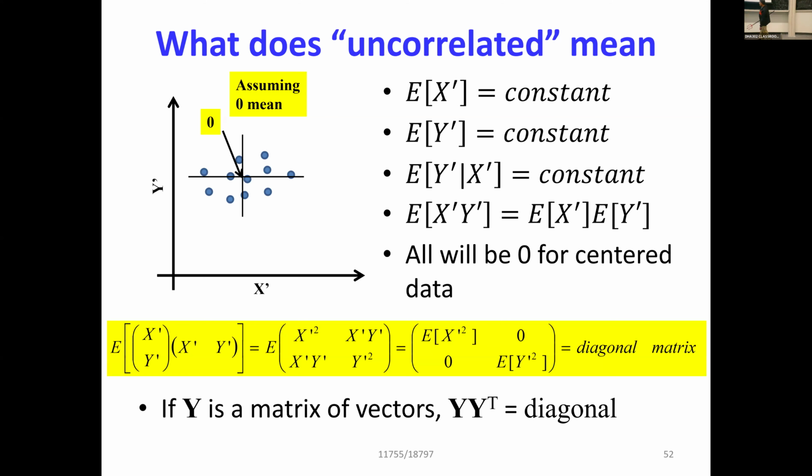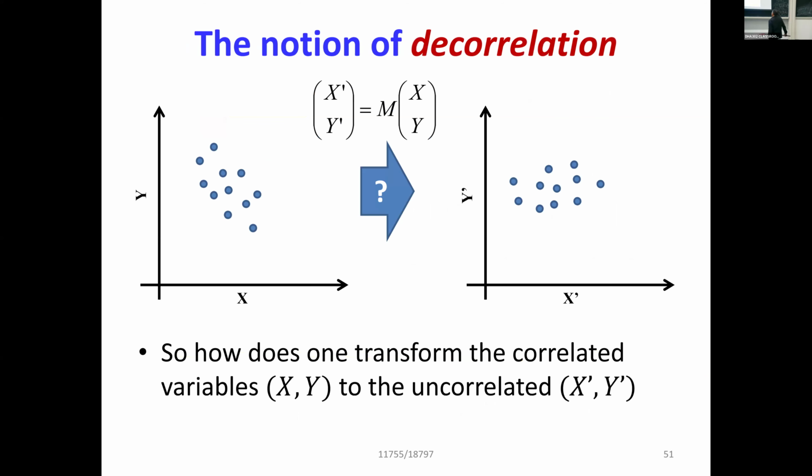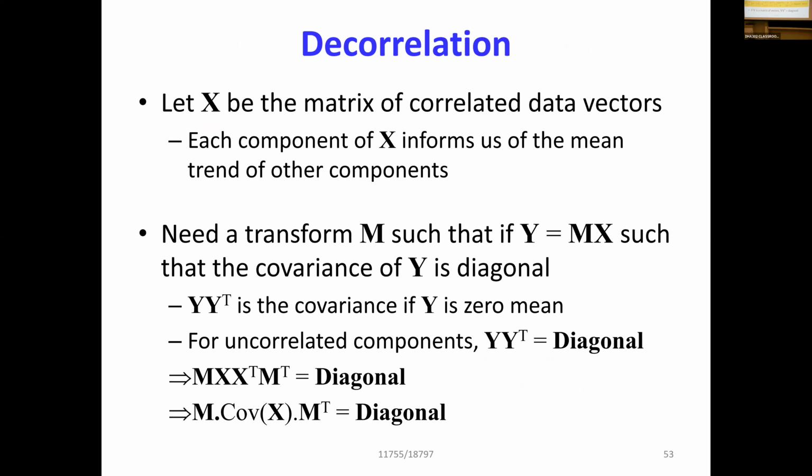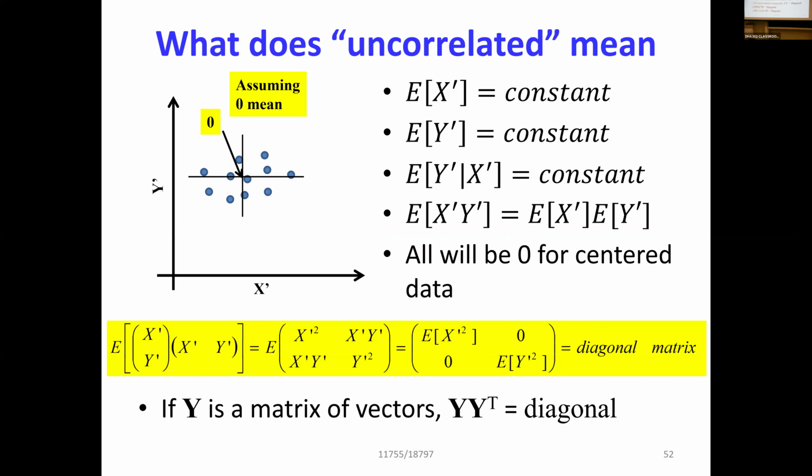Now that's all fine, but let's look at what the correlation matrix for the transformed variable is. Again, go back here, right? X prime, y prime is my transformed variable. That's this guy. XY is this guy, right? I am transforming XY through some matrix M. That's my linear transformation. And so if I look at the correlation matrix, assuming it's zero mean for now, that's simply the expected value of the vector times its transpose.